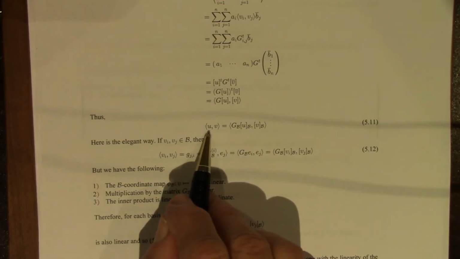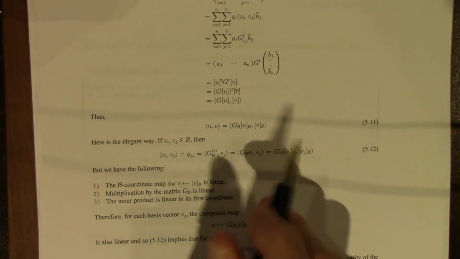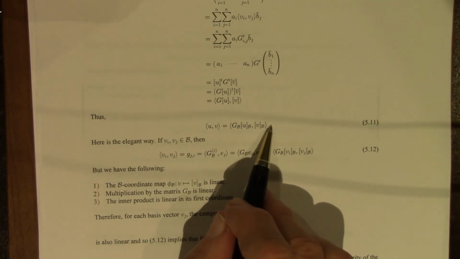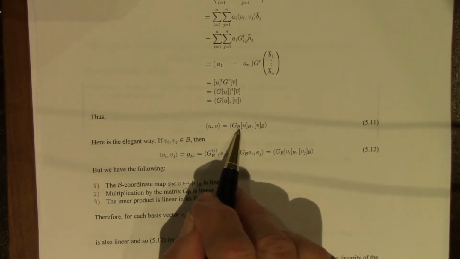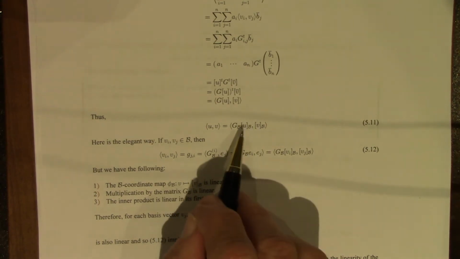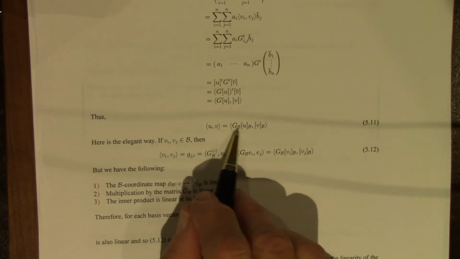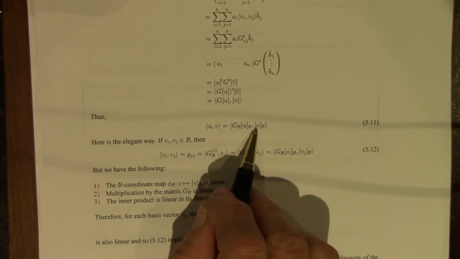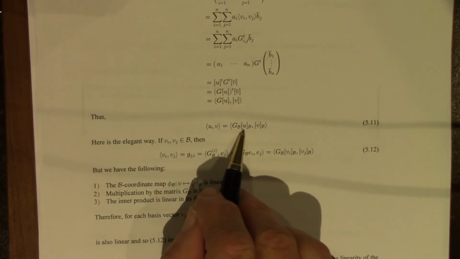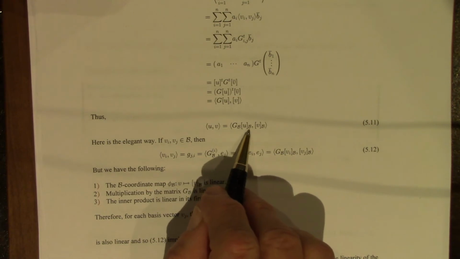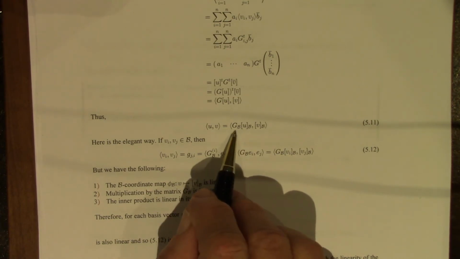The inner product of u and v is the standard inner product of these two vectors. We take the b coordinate of u and the b coordinate of v, but we have to multiply the b coordinate of u by the Gram matrix.